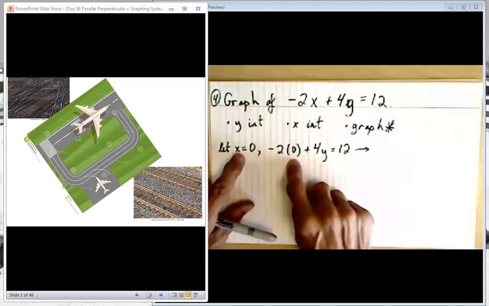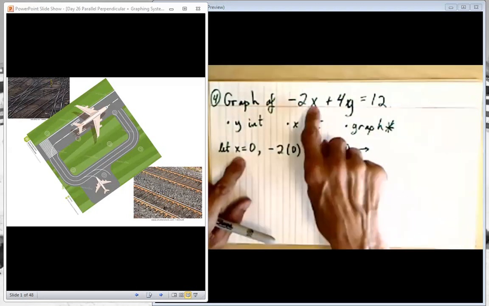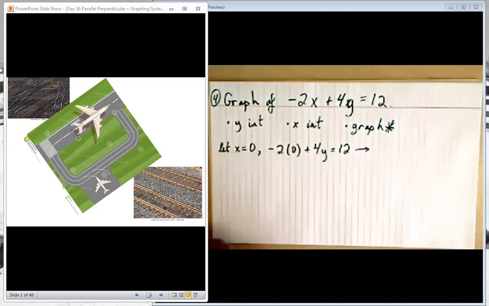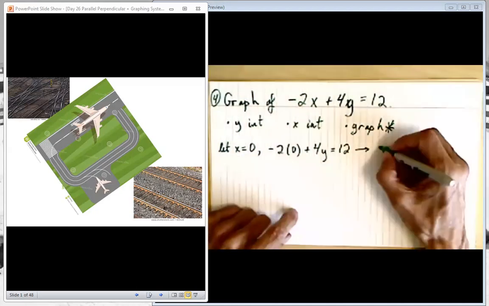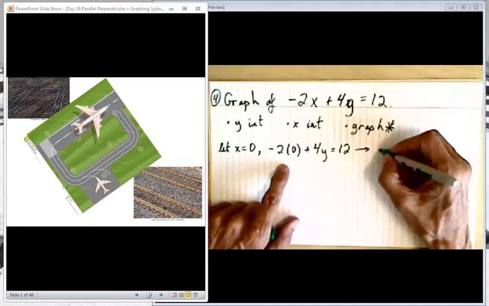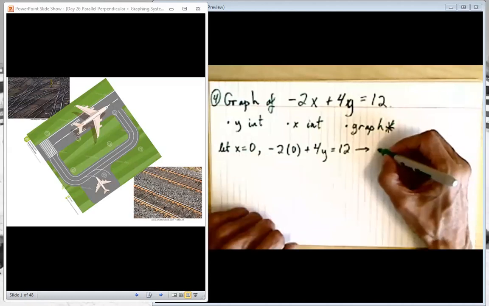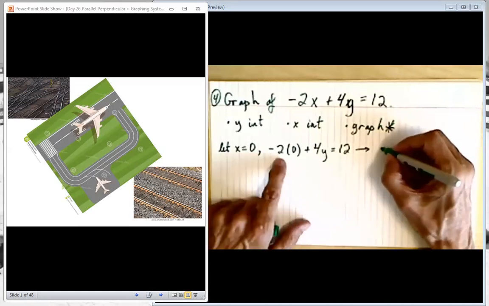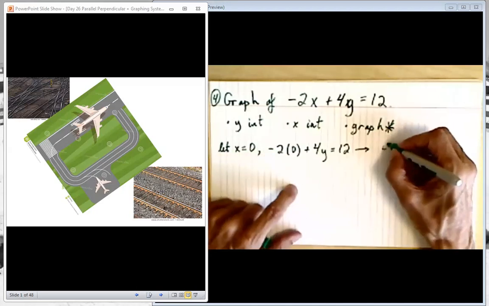Okay. What we're doing in this step, let x equal 0. So replace x. From class, yeah, we get a 0. We could put the 0 in. Want to put this 0 in or skip it? Okay, 2 times 0 is 0. So we're just going to skip it, okay? So we'll get 4y is equal to 12.